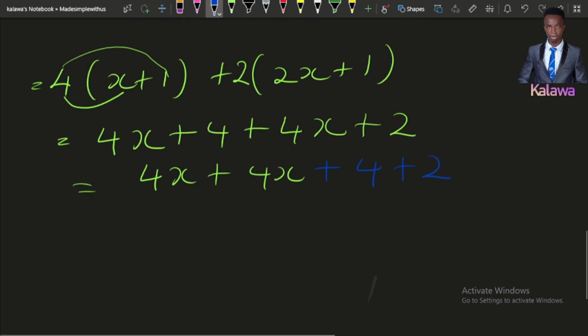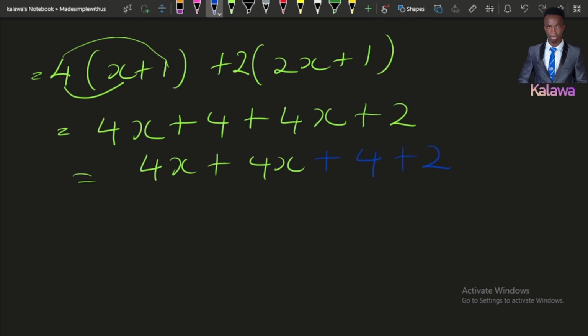These are the like terms, after which we continue. So 4x plus 4x, this will give 4 plus 4, this is 8x, plus 4 plus 2, this is 6. So are we getting this?